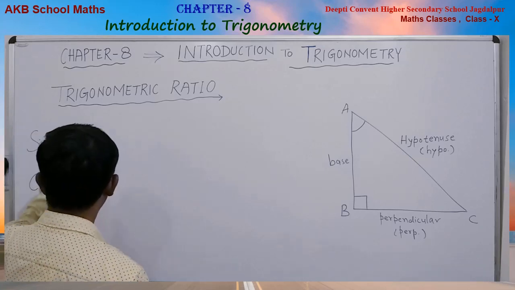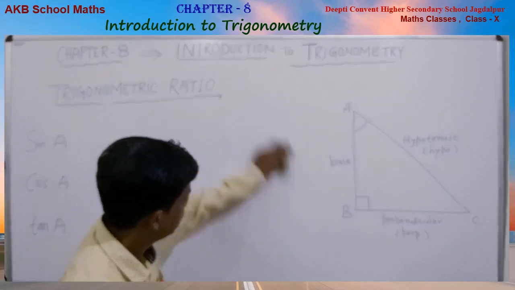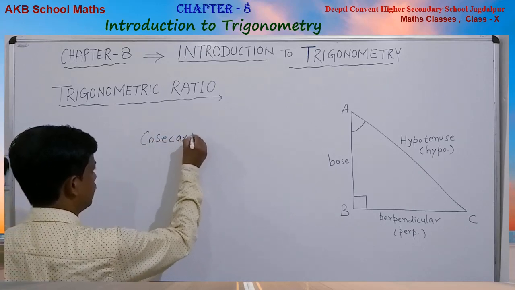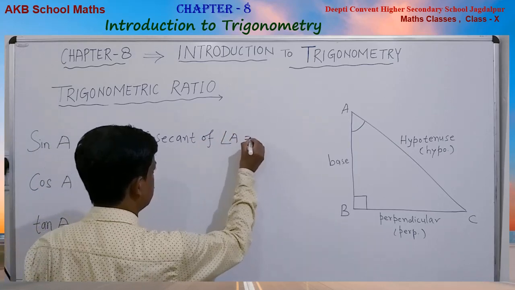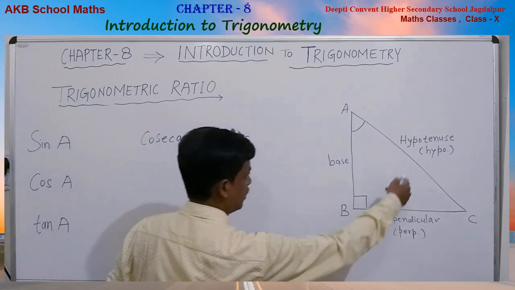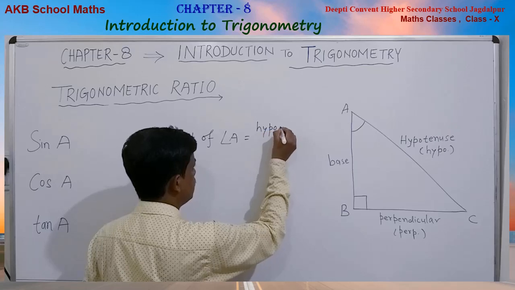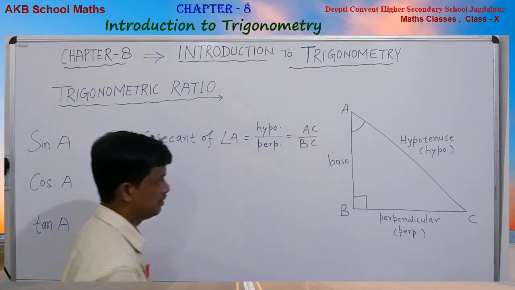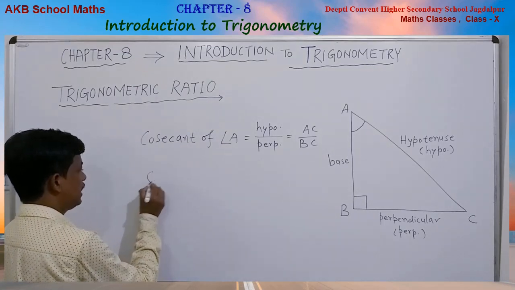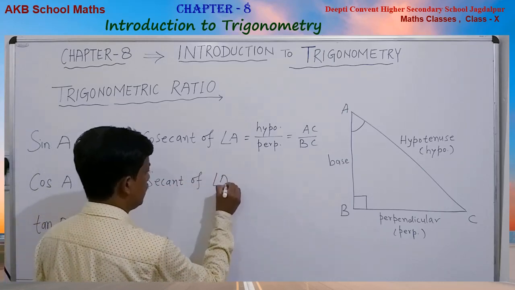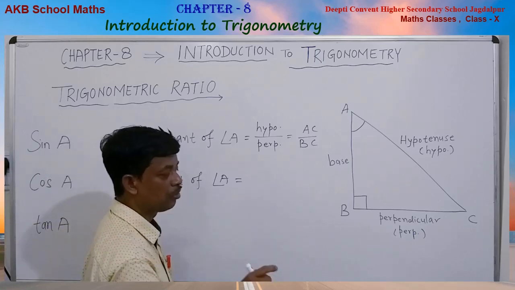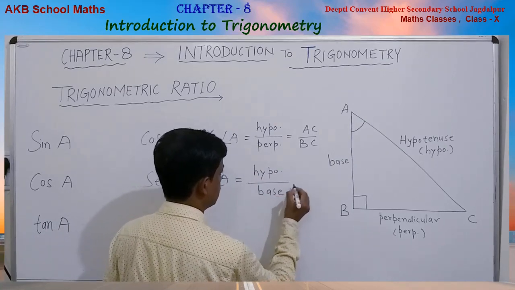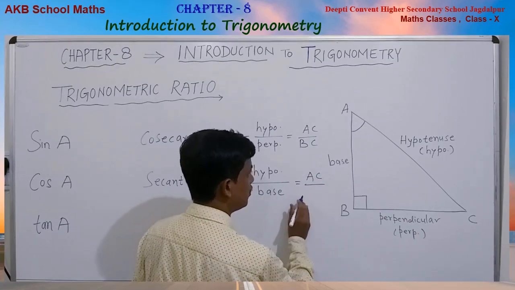So we can write cosecant of angle A, reciprocal of sine, that is hypotenuse by perpendicular, that is AC by BC, and secant of angle A is also the reciprocal of cos, that is hypotenuse upon base, that is AC upon AB.